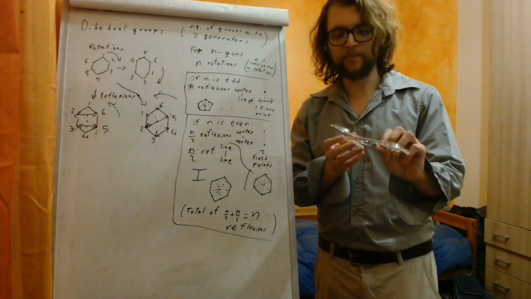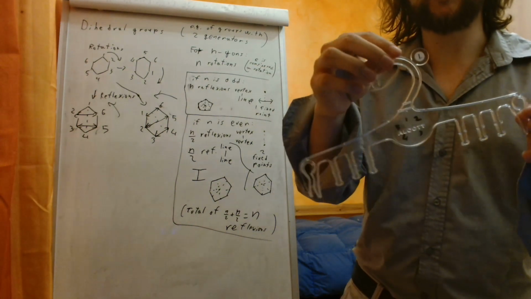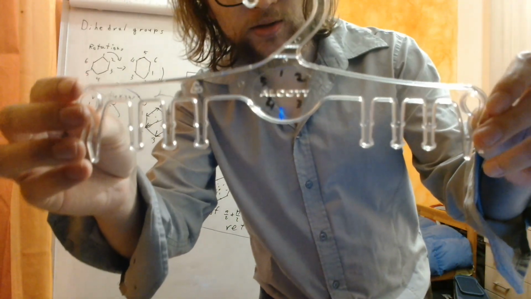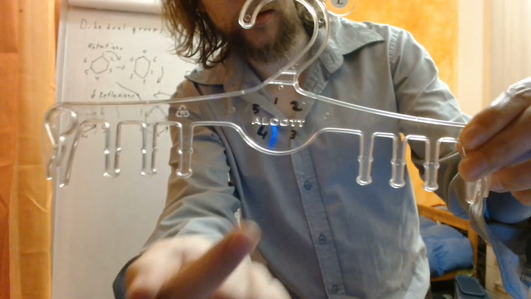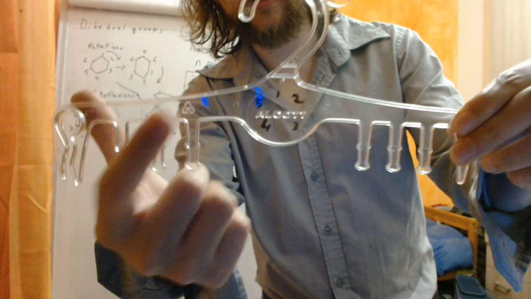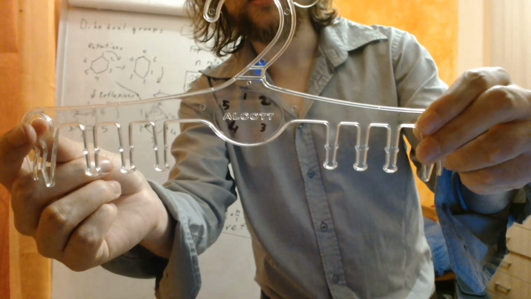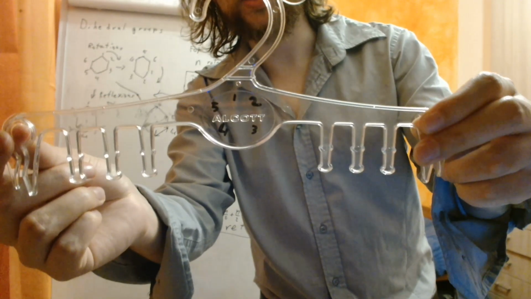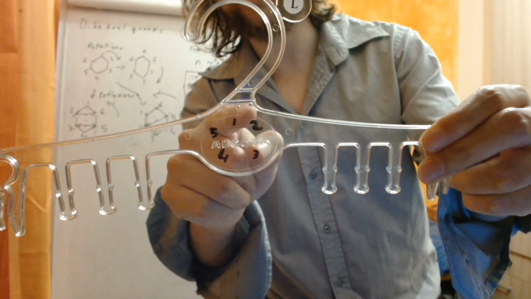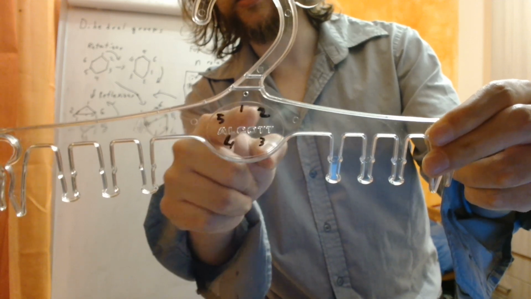I have written the numbers 1, 2, 3, 4, 5 in order, so this represents a pentagon of vertices 1, 2, 3, 4, 5 in this order, and say that you want to do a reflection along the line passing through the vertex 2 and between the vertices 3 and 4.